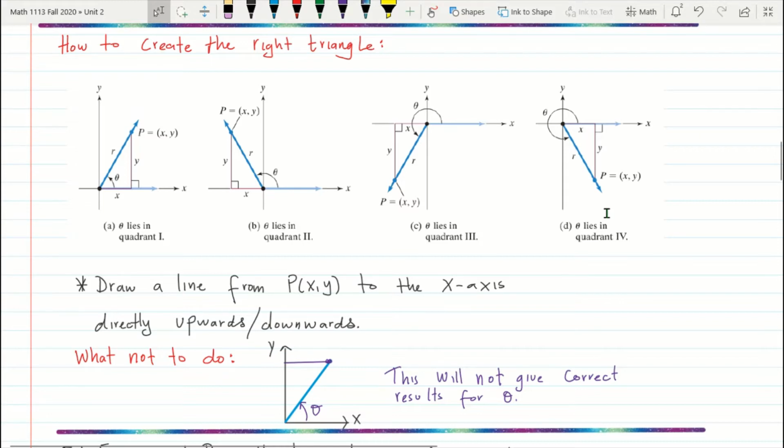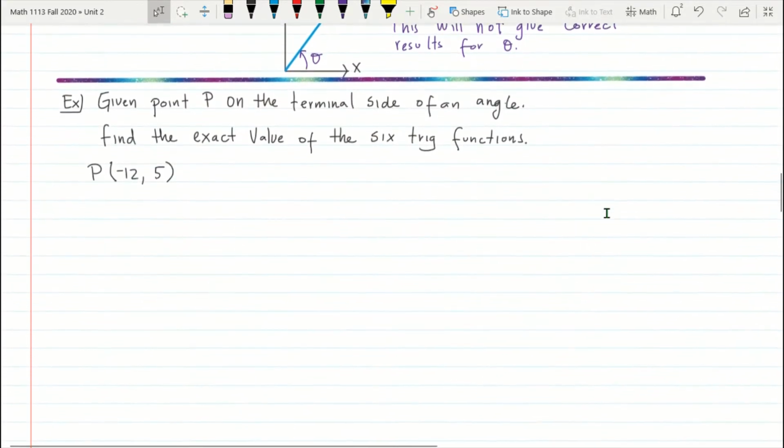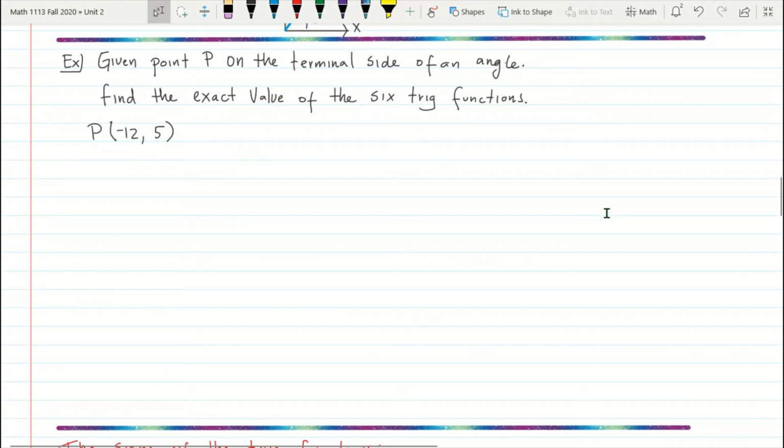What do I mean by drawing the triangle? So here are some directions. Given a point P on the terminal side of an angle, find the exact value of the 6 trig functions, given the point -12, 5. So what do we do?